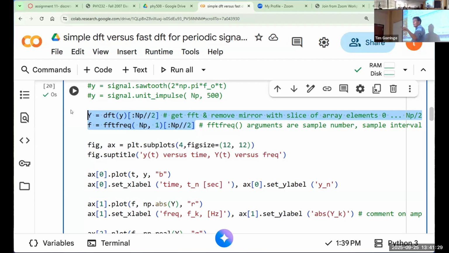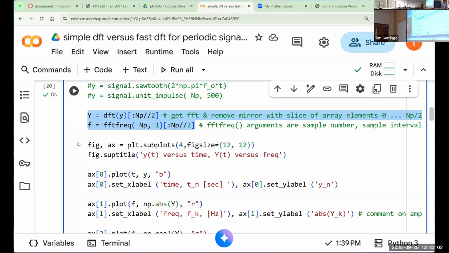And then it needs to know the interval between data points. I sampled every second, so 1 second. So if I've got 1,000 data points sampled at 1 second intervals, this function returns an array of the frequencies in hertz that correspond to my frequency domain. It's very handy. Obviously you could do that yourself, but it's handy to call this function.